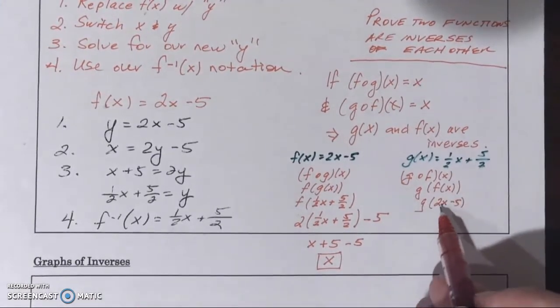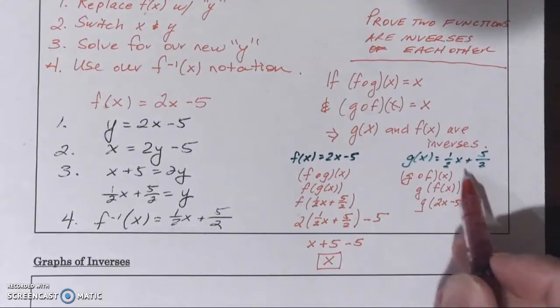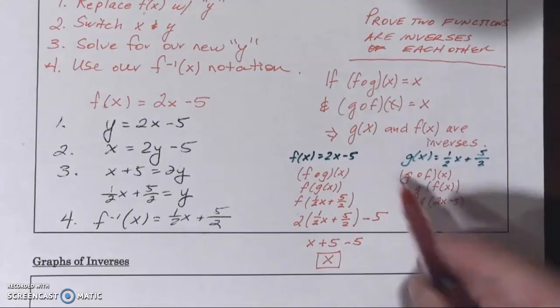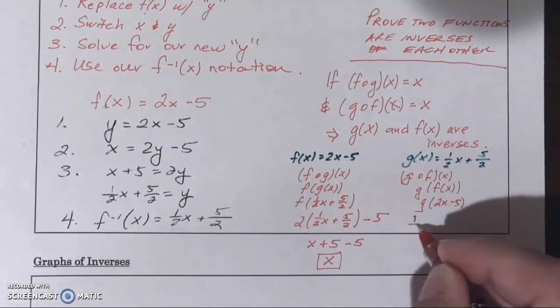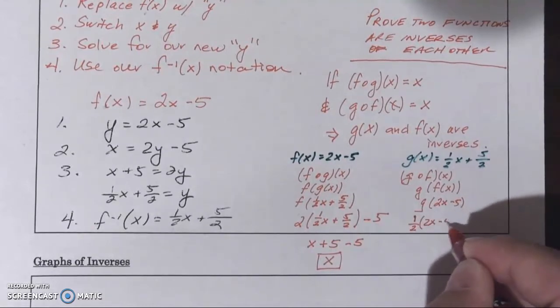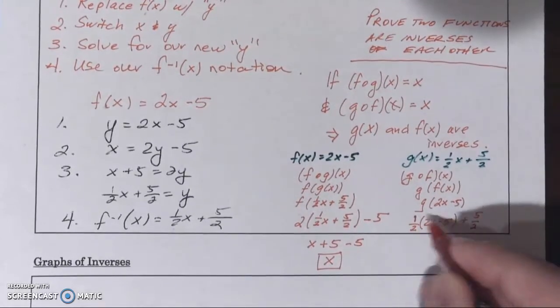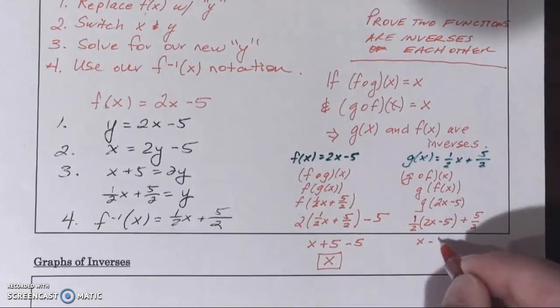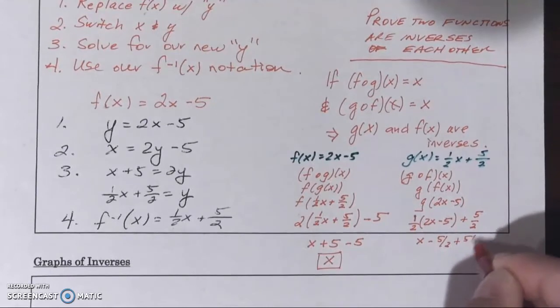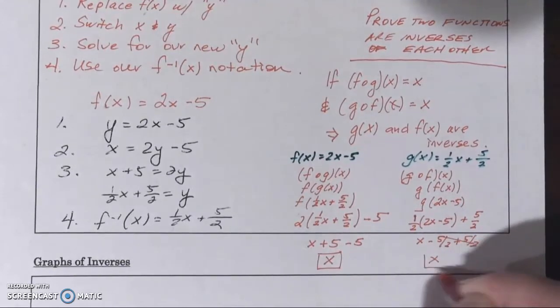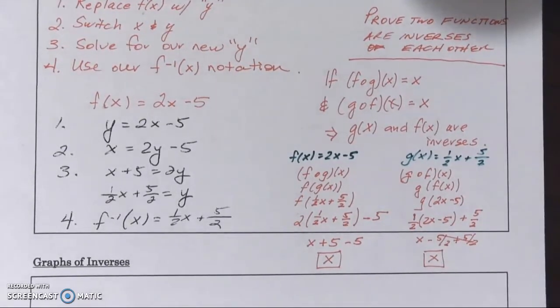Now this notation means plug 2x minus 5 in anywhere we see an x in the g function. We distribute. 1/2 times 2 is 1, minus 5 over 2, plus 5 over 2. Those go away. We're left with just x. We have officially proved that those two functions are inverses of each other.